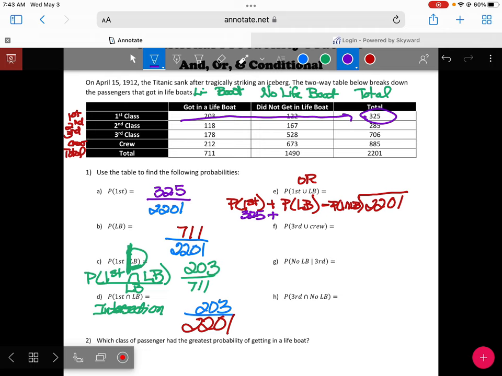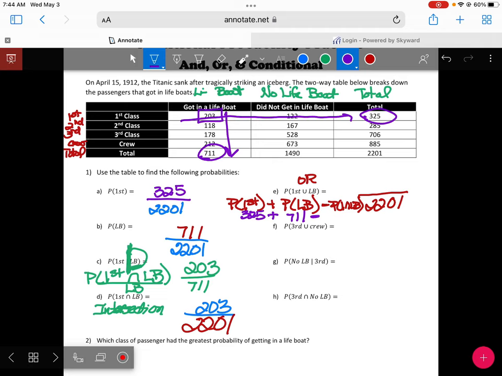Not Jewels, not Bjorn. 711, good. Because that's my total there. And I don't want to count some of these people twice. So minus the probability of lifeboat and first class is going to be this amount right here, which I think is 203.